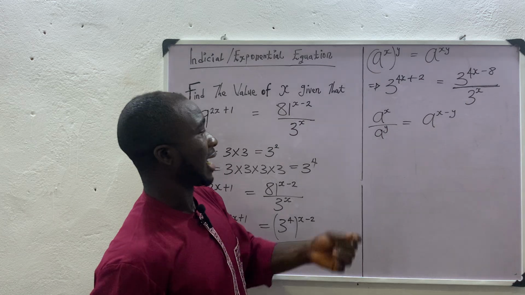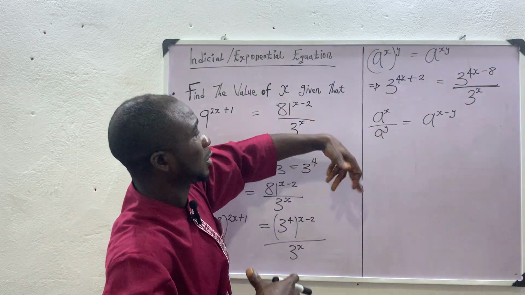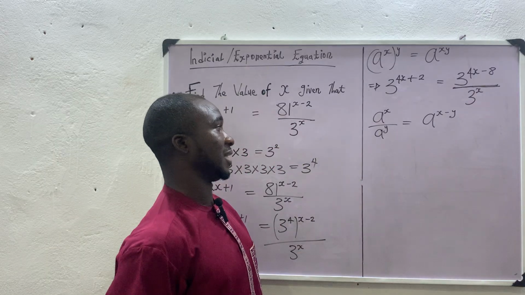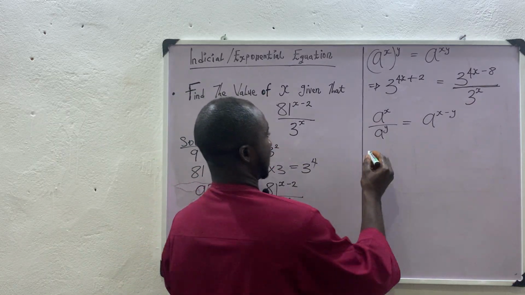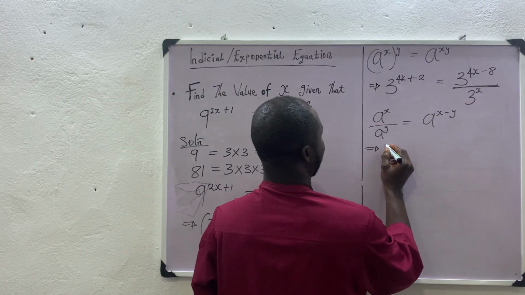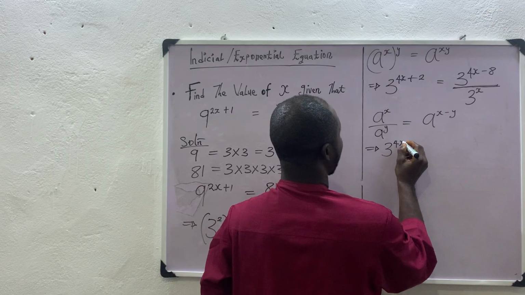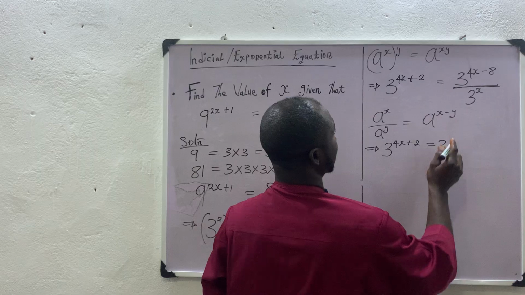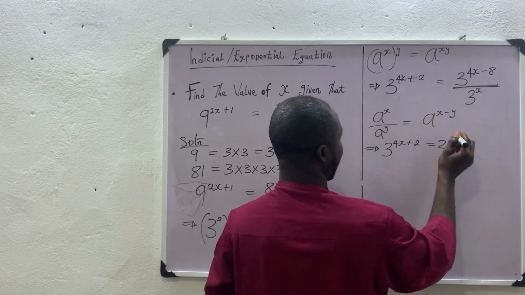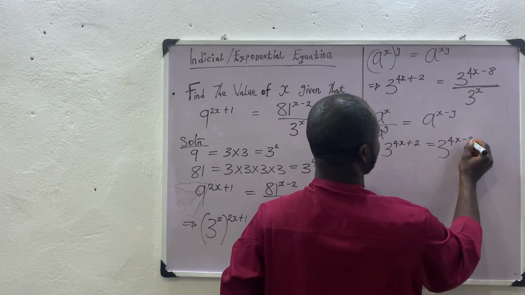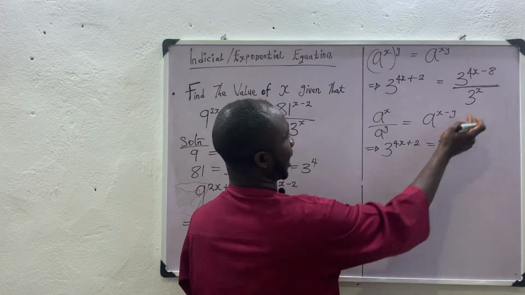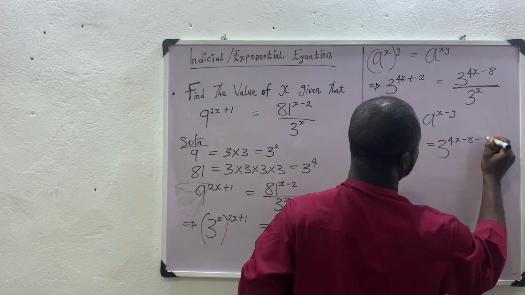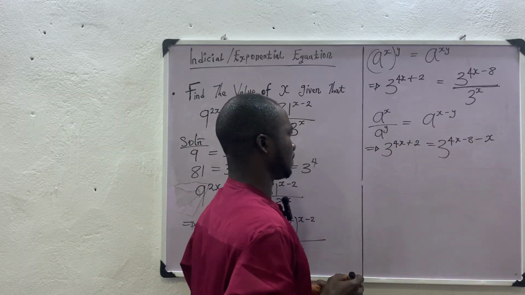In other words, I will subtract the power at the denominator level from the power at the numerator level since they are of the same base. If I do that, it will imply that 3 raised to power 4x plus 2 will be the same thing as 3 raised to power, the numerator first, 4x minus 8. Then I will subtract the power at the denominator, which is x, and I will then have minus x.